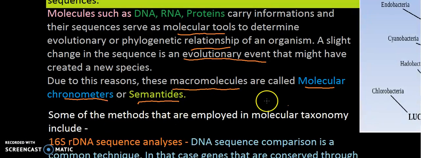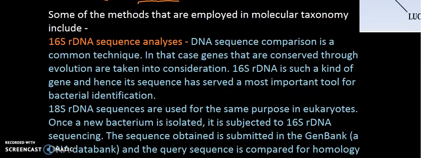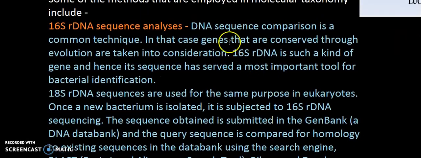Some of the methods that are employed in molecular taxonomy include 16S rDNA sequence analysis. 16S rDNA is a conserved gene. DNA sequence comparison is a common technique in molecular taxonomy.